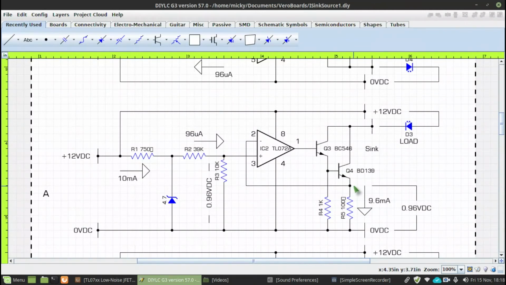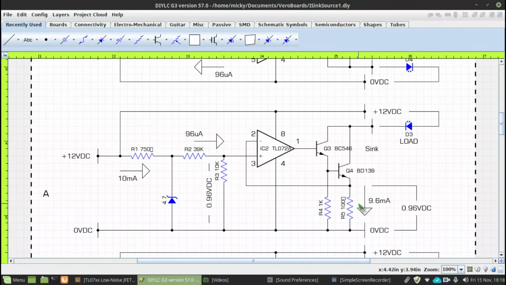So what we should have in the practical circuit is 0.96 volts DC across this resistor.